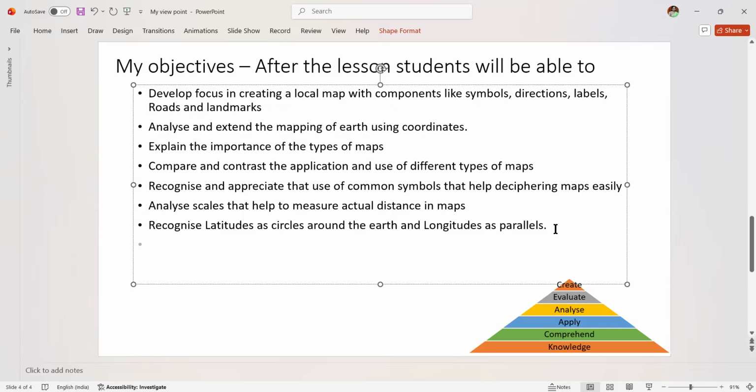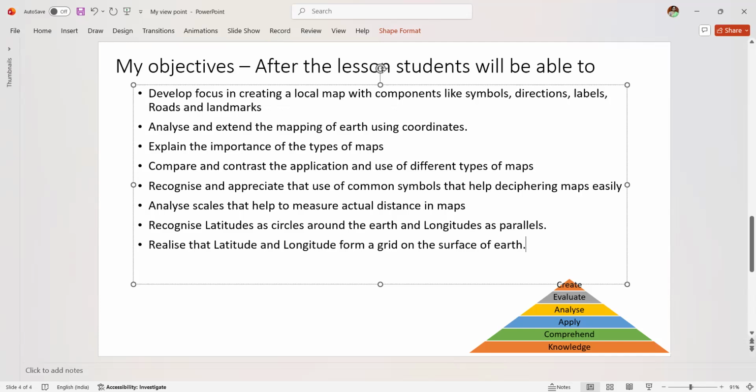They will have to understand formation of grid, realizing that latitude and longitude form a grid on the surface of Earth.